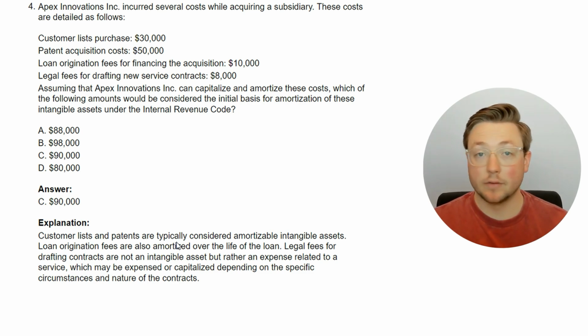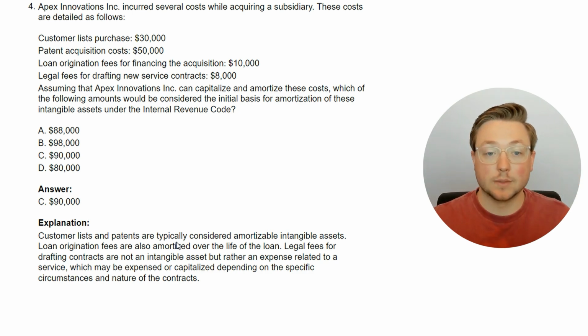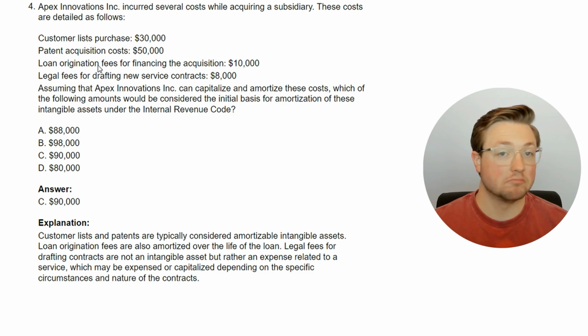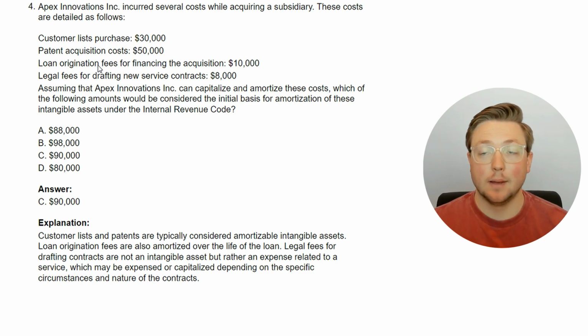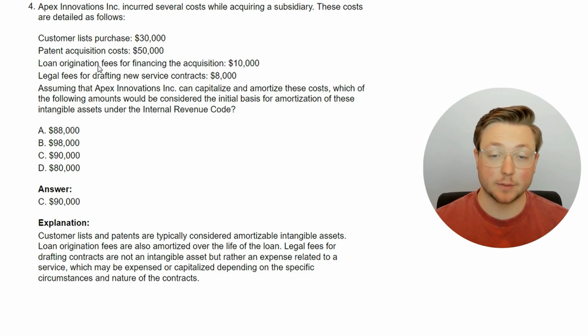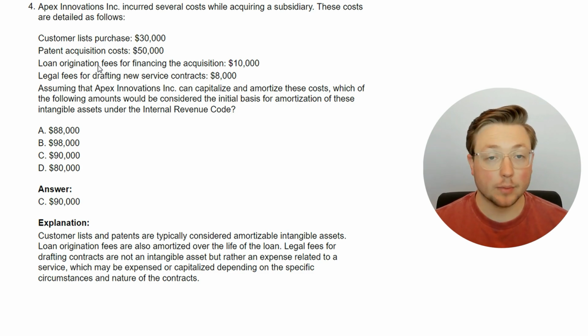And since we don't have any other information on what the specific circumstances are for these legal fees, we're just assuming those are expenses. Maybe it would give something more specific in the future, but in this situation, it looks like just the legal fees are expensed. Now, something I want to point out is, there may be situations where loan fees maybe aren't amortized, but they're very limited, very specific, and probably will not be tested on the CPA exam.